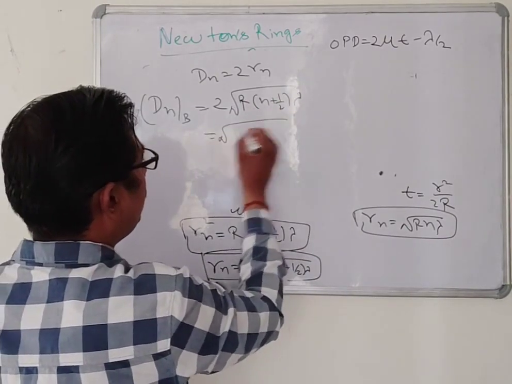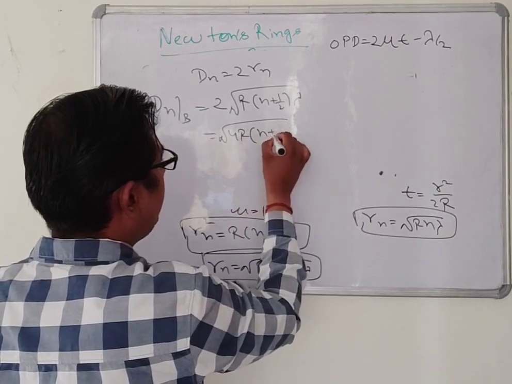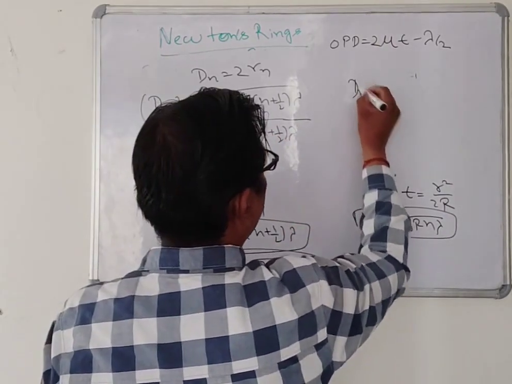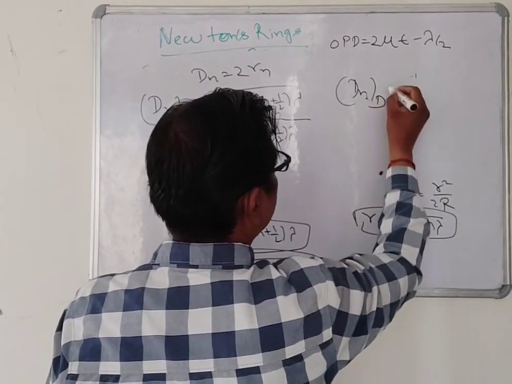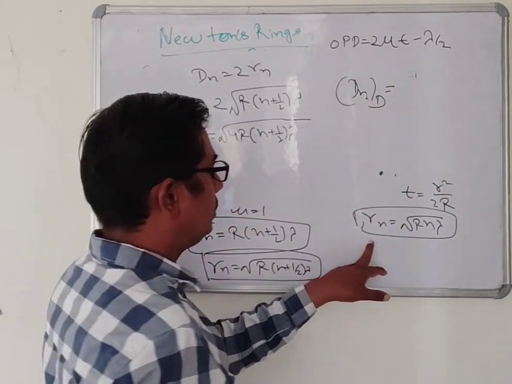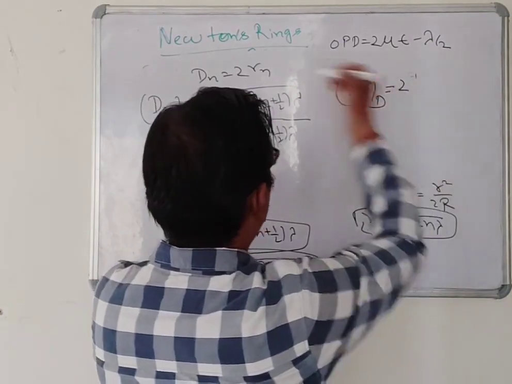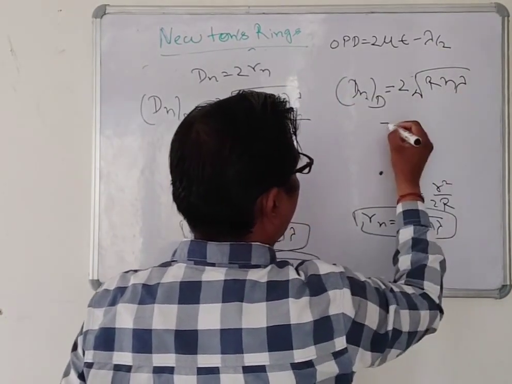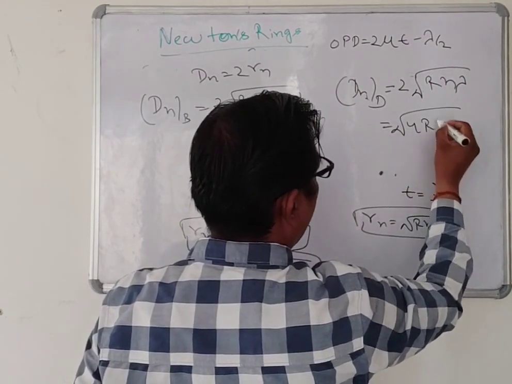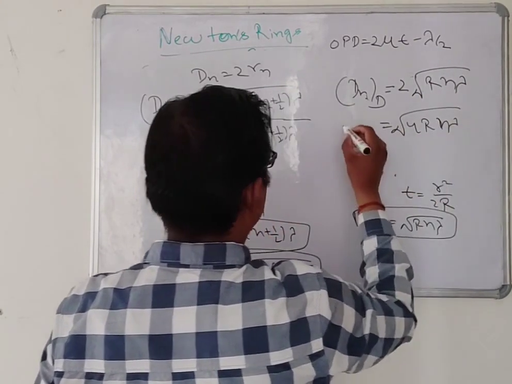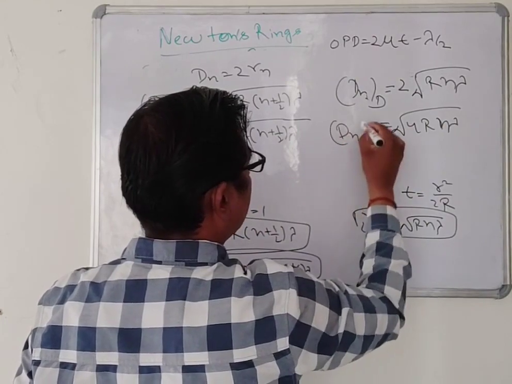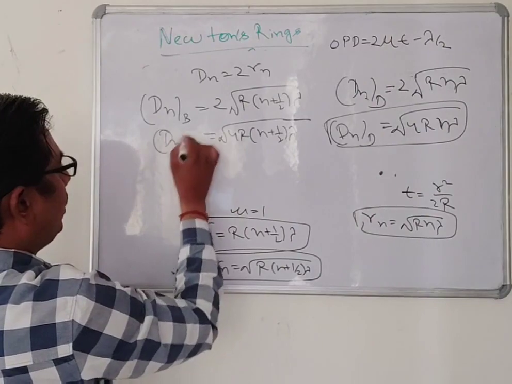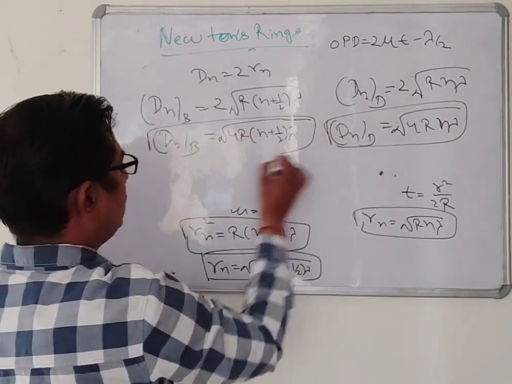Also you can write D n square is 4R (n plus half) lambda. And the diameter for dark is equal to 2 under root R n lambda, which you can write as 4R n lambda. This is the condition for diameter for dark, and this is the diameter for bright.